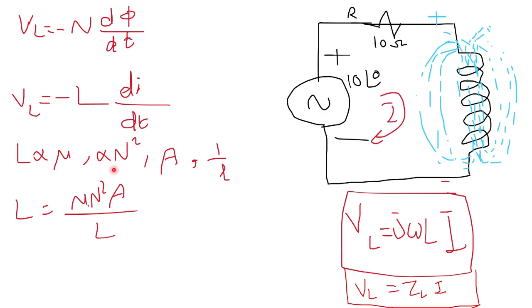The inductance as well increases, or is directly proportional to the number of the coil turns. Indeed, it's proportional to the square of the number of the turns of the coil.